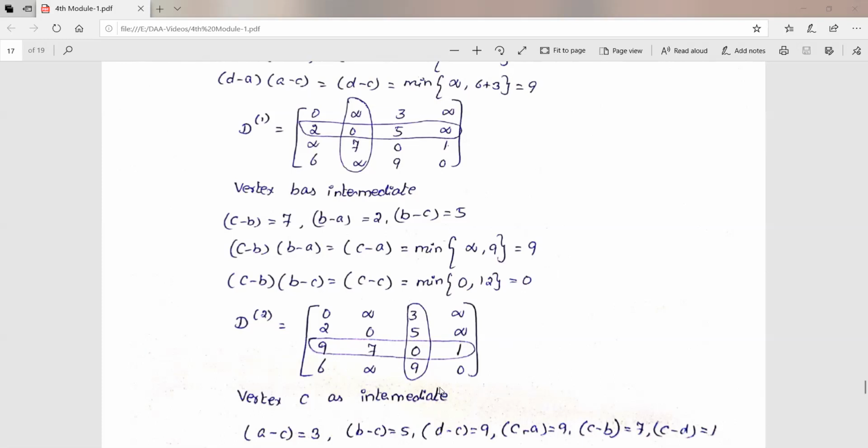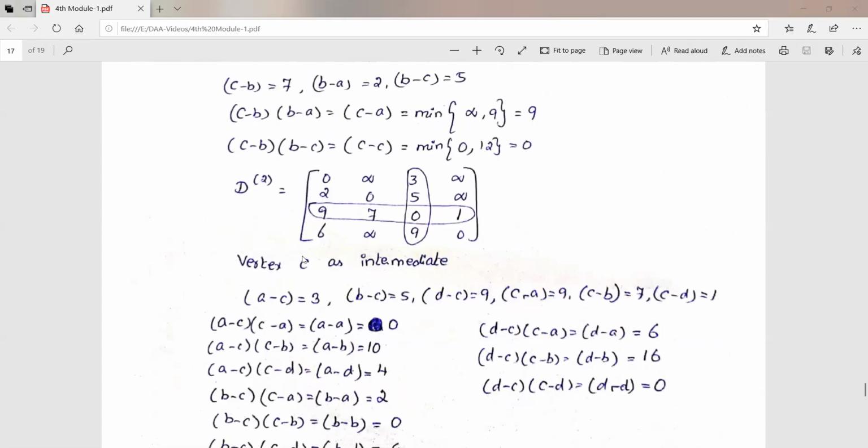Okay, so now we have to consider the vertex C as the intermediate vertex. Okay, so vertex C as the intermediate vertex means we have to consider the C-th row and then the C-th column. Okay, so here you take all the values, that is A to C the value will be 3, B to C the value will be 5, D to C the value will be 9. Okay, and then this value also you have to take, that is C to A, C to B and then C to D. So these are the values we have taken from the previous matrix.